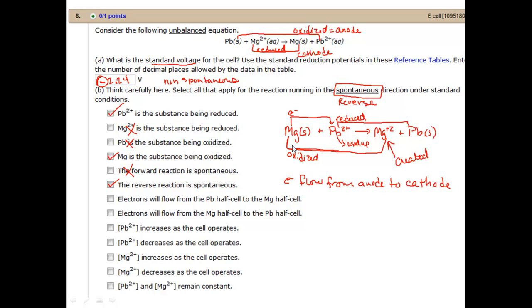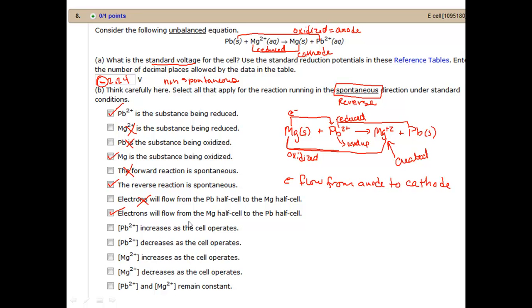The substance that's oxidized loses electrons, which travel over to the other electrode. So magnesium is losing. So electrons will not flow from the Pb electrode. They flow from the magnesium half cell to the lead half cell.